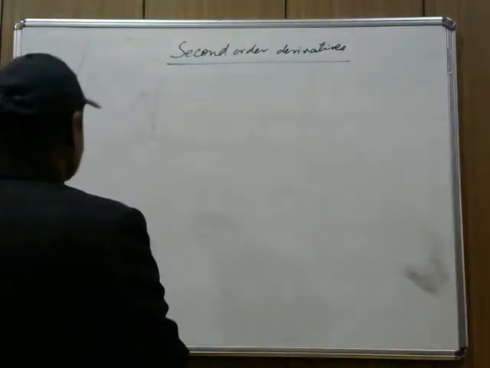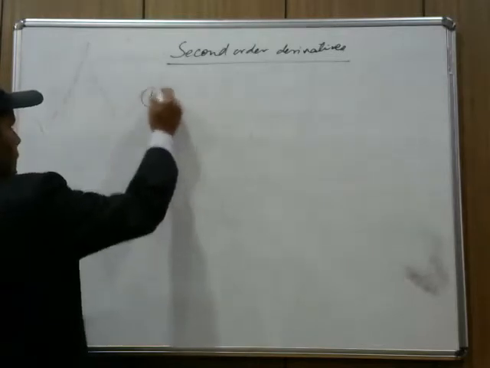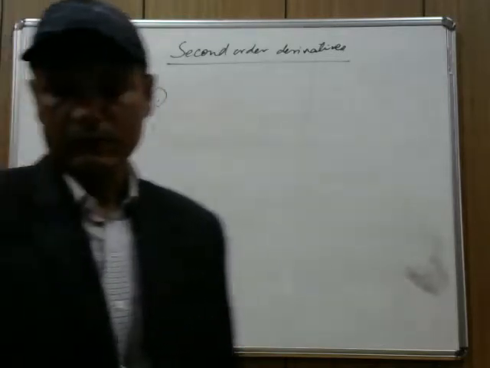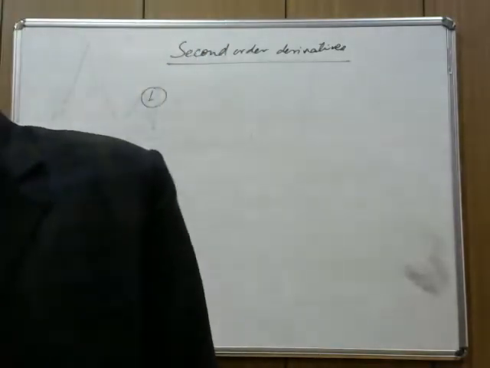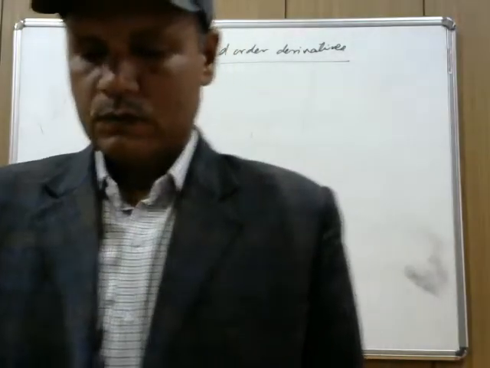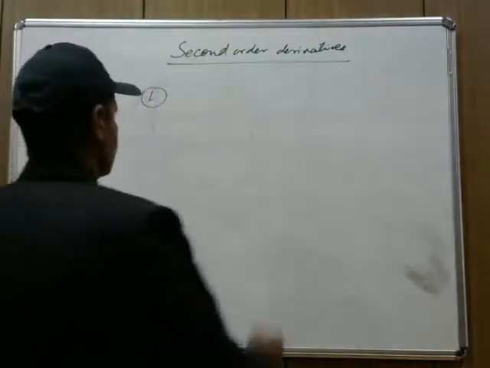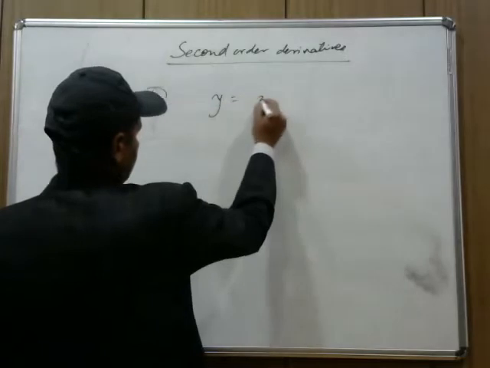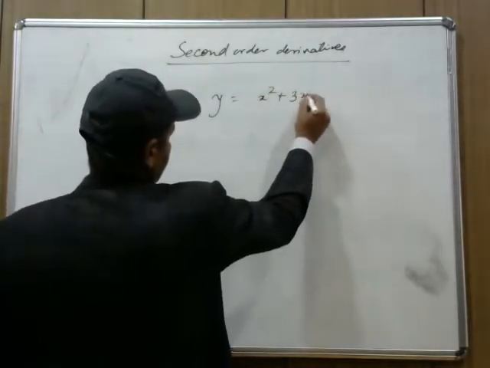The first question is, find the second order derivative of y is equal to x square plus 3x plus 2.